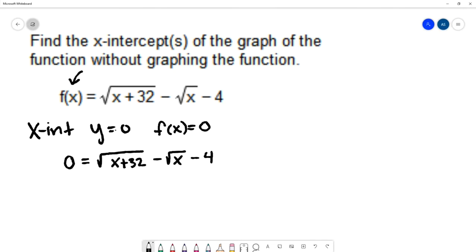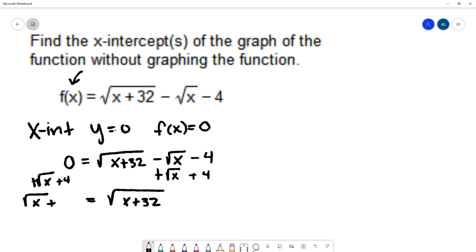So we're going to start by choosing one of those roots to eliminate, and I'll add square root of x and add 4 to both sides of the equation. When we want to eliminate a root, we want to isolate that root.